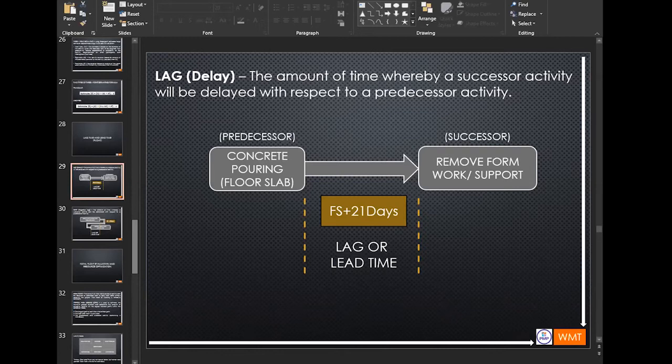Okay. Thank you, sir. Kaya pahinga muna, Sir William. Na-stress ata si sir, ha? Na-ambush. Sige, sir. Break muna tayo. Okay, break muna tayo. 15 minutes, guys. Okay. Thank you.